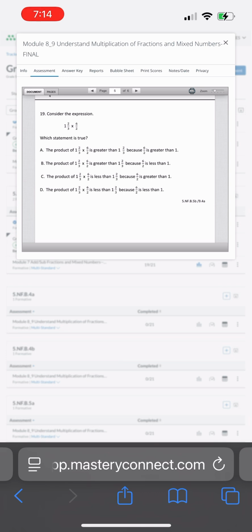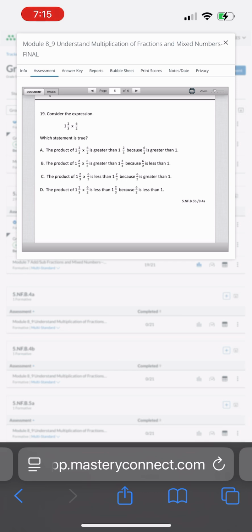Number 19. Consider the expression 1 2/3 times 6/2. Which statement is true? A, the product of 1 2/3 times 6/2 is greater than 1 2/3 because 6/2 is greater than 1. B, the product is greater than 1 2/3 because 6/2 is less than 1.